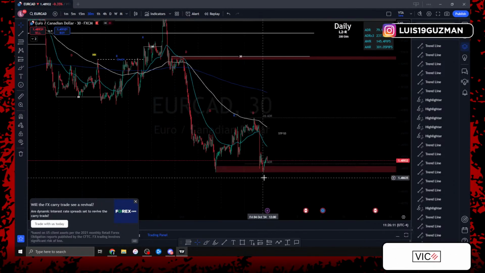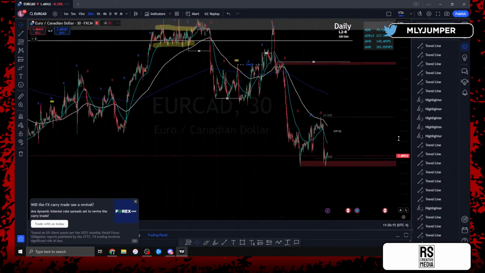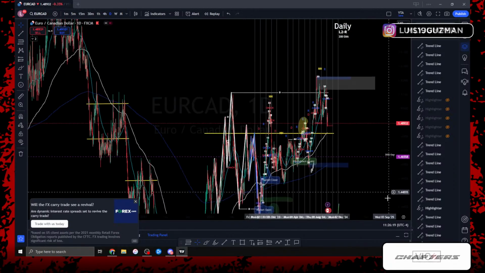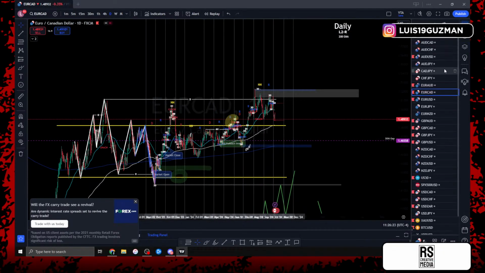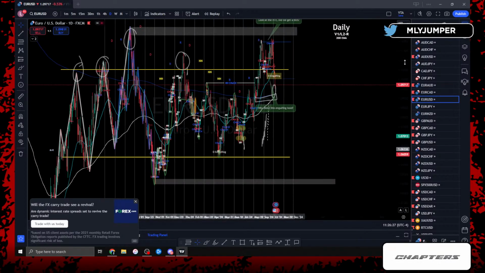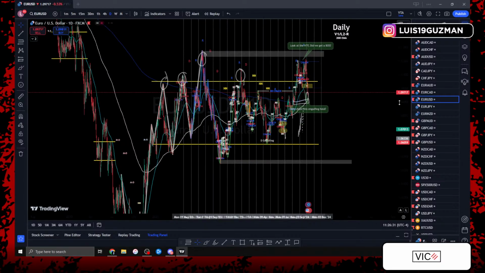Once we get that clean break down here, then we'll change it, right? Lower low, lower high, lower low, and then to whatever price wants to do. Now what's that line? That's the daily high. Okay. So EURCAD, we'll still wait it out. We'll wait for more confirmations to then continue. And again, I don't trade going counter, so I'll be waiting for those pullbacks to finish to then continue the trend.